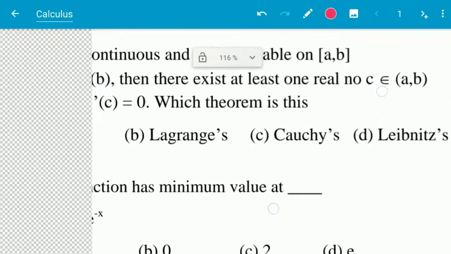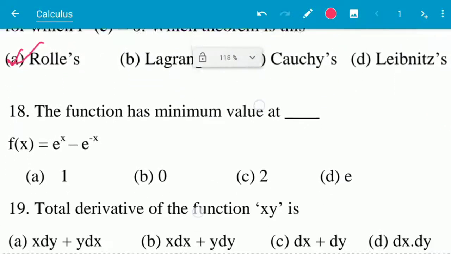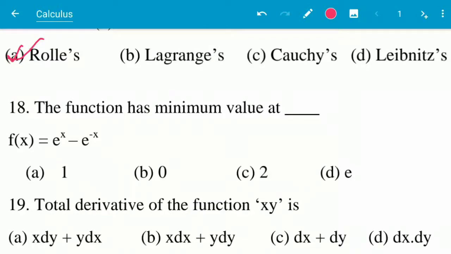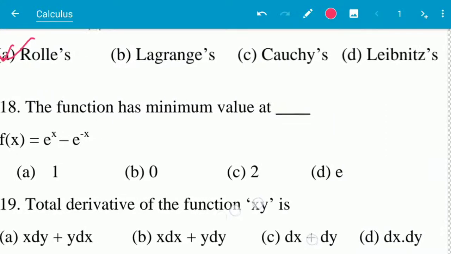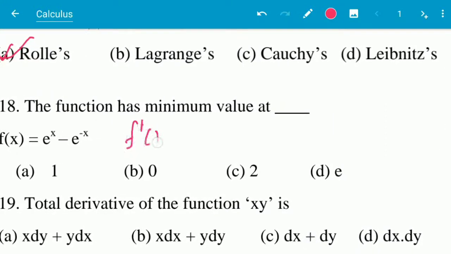So next question: the function given is e to the power x minus e to the power minus x. How can we find the minimum? We have to find f dash of x, which is e to the power x minus e to the power minus x, that will be plus x.